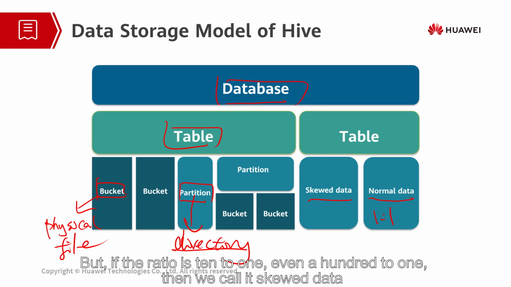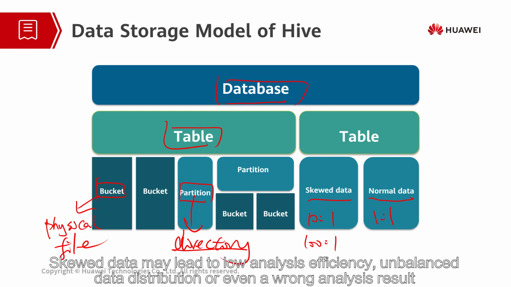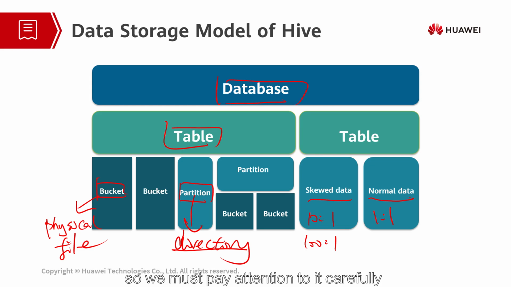But if the ratio is 10 to 1, or even 100 to 1, then we call it skewed data. Skewed data may lead to low analysis efficiency, unbalanced data distribution, or even a wrong analysis result, so we must pay attention to it carefully.